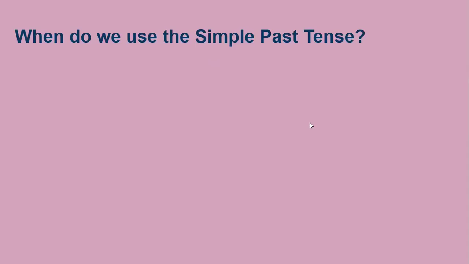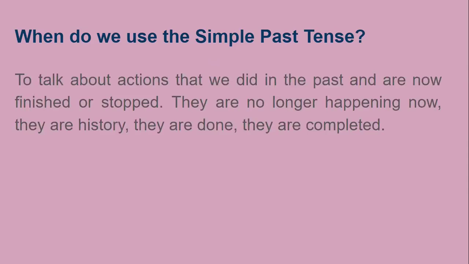So, as I said earlier on, we need to first answer this question. When do we use the simple past tense? So, we use the simple past tense to talk about actions that we did in the past and are now finished or stopped.